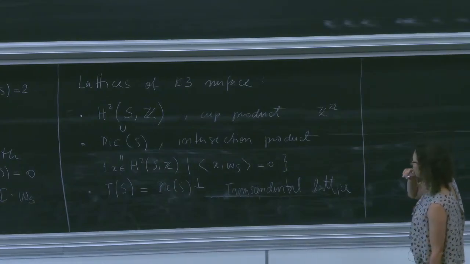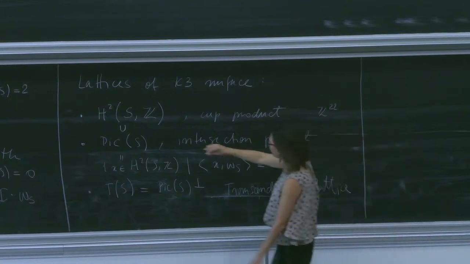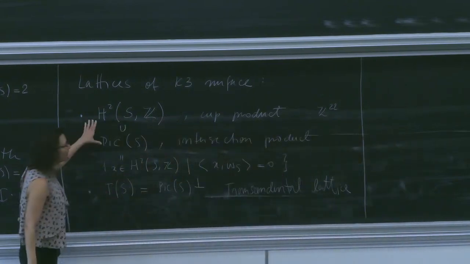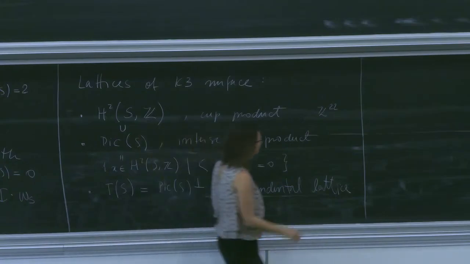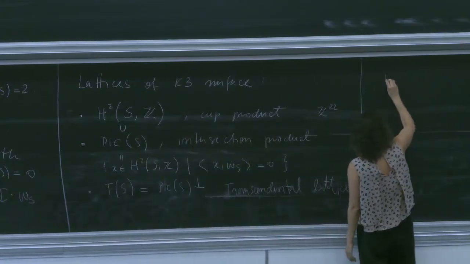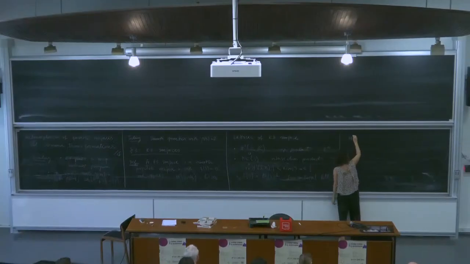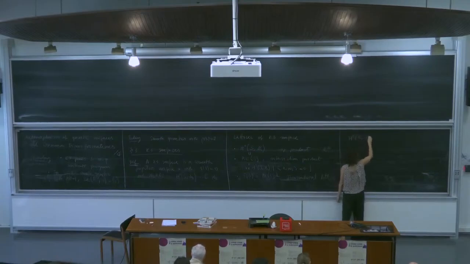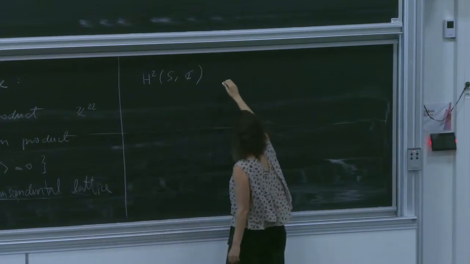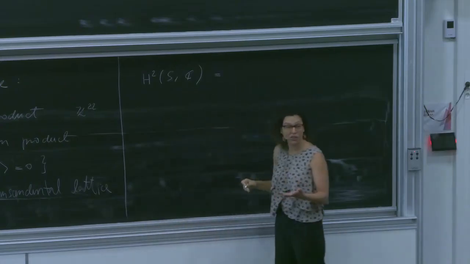And let me see what else I want to say. Okay, so this is actually a little bit more than just a lattice, in the sense that if I take complex coefficients, so if I tensor it with C, this vector space admits a Hodge decomposition.